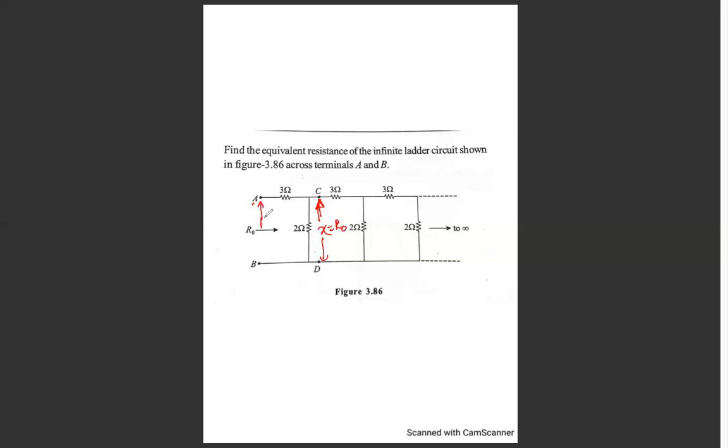Here also it is R naught. So we can write these two are in parallel and their combination is in series with it. So R naught is equal to R naught parallel to 2 and their combination is in series with 3. So these two are parallel. We can write 2 R naught divided by 2 plus R naught plus 3.